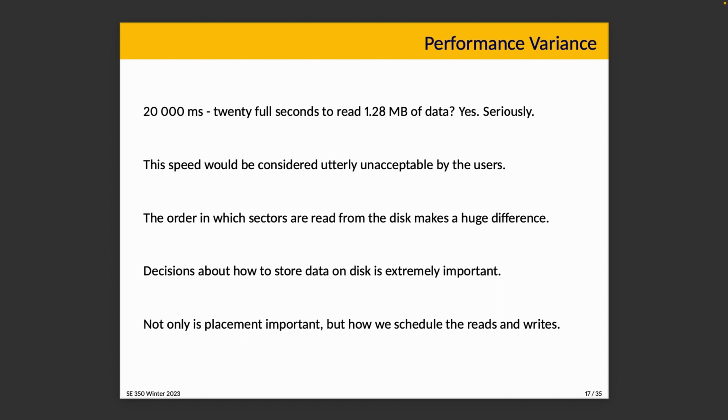So the order in which sectors are read from the disk, it turns out, makes a huge difference, right? If they are not located sequentially, it's going to be very painful to read a large amount of data. In an upcoming topic, we're going to talk about how we store the data on disk, and that's going to favor, if you will, something like sequential allocation.